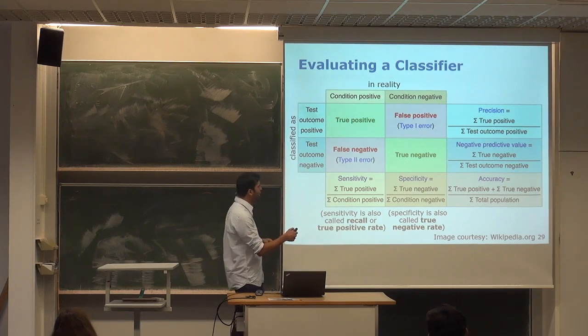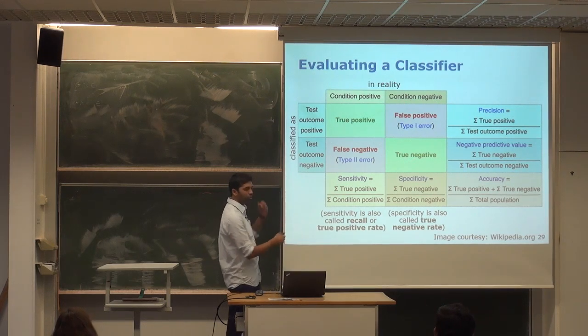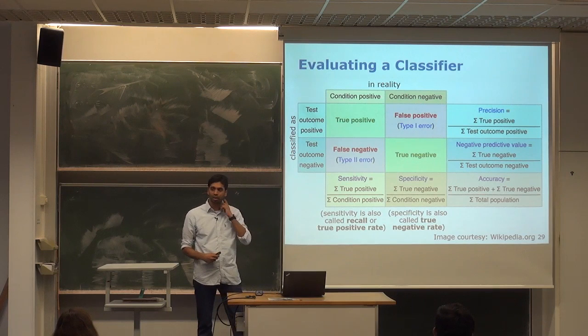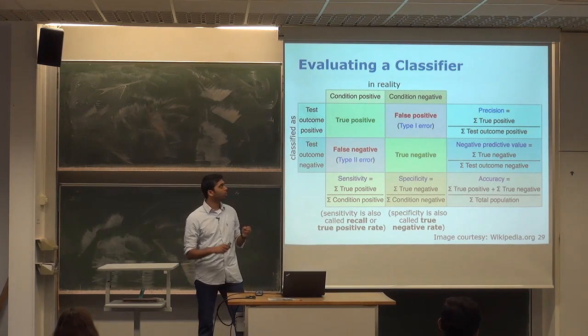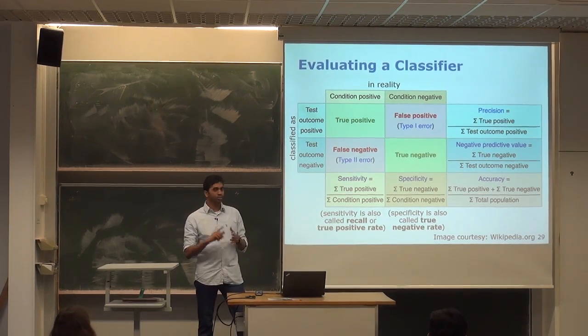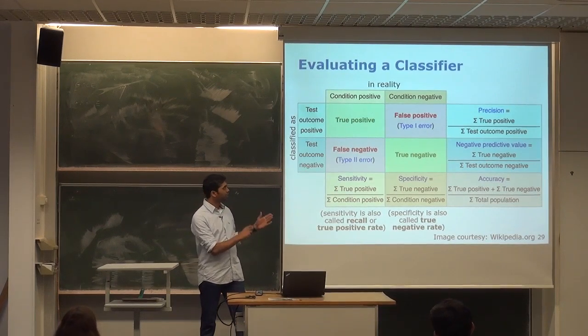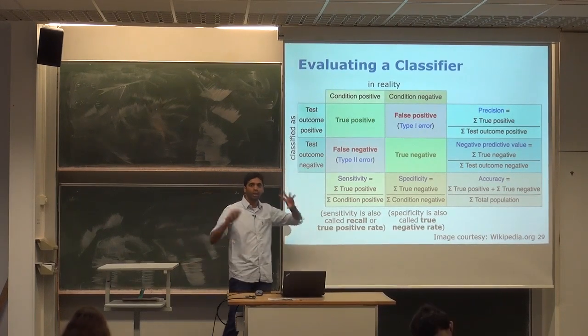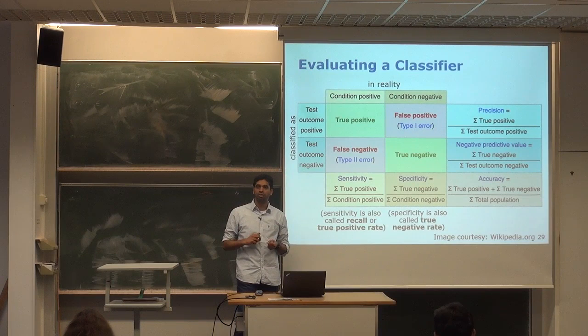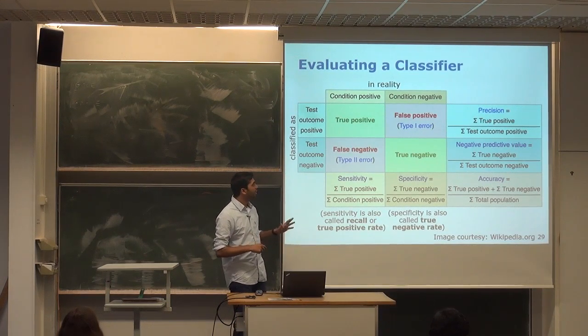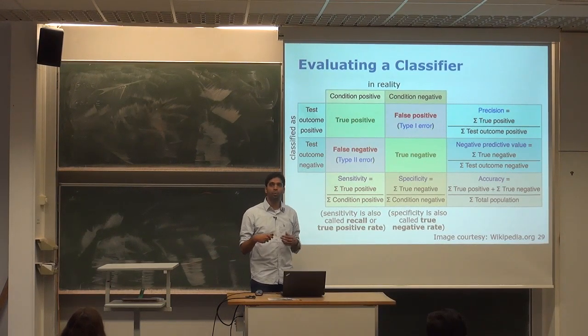So again, what you see in these 4 boxes are what we saw in the previous slide. These correspond to the true positives, the false positives, the false negatives, and the true negatives. So the 4 possible outcomes that a classifier can have. Based on these values, you could compute different things.